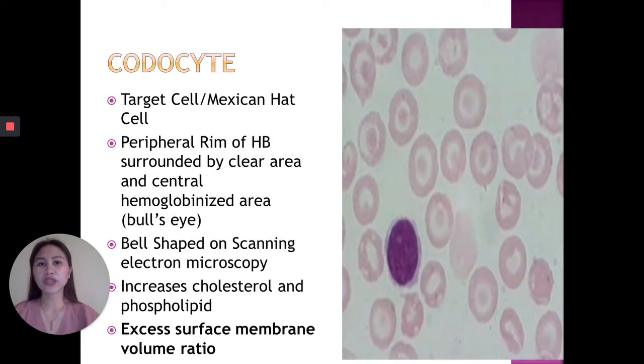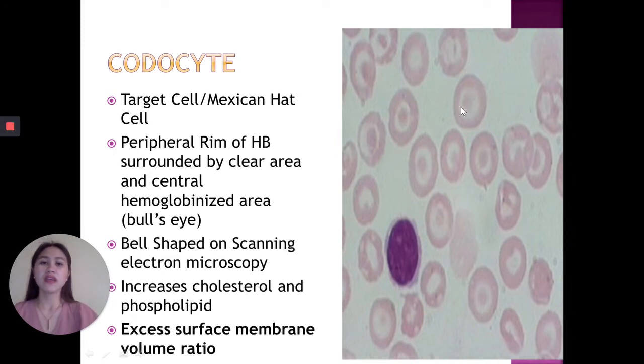Next poikilocyte is your caudocyte. Caudocyte is otherwise known as target cell or Mexican hat cell. Mexican hat, as you can see in the picture, if you look at a Mexican hat from the top view, then it looks like this.